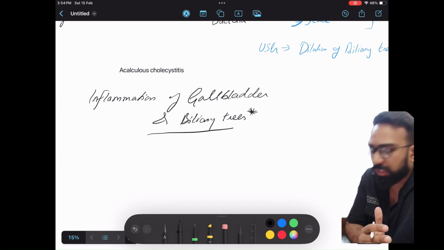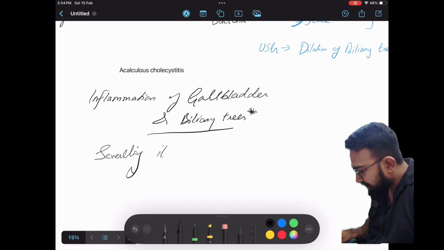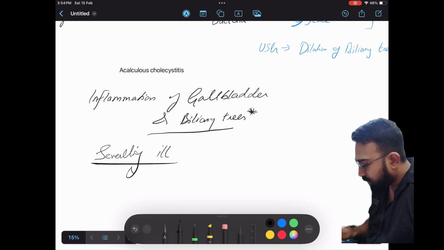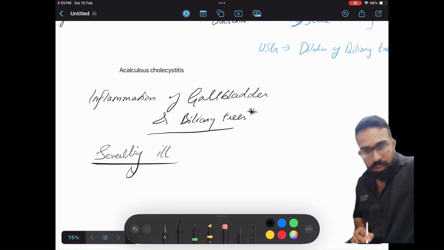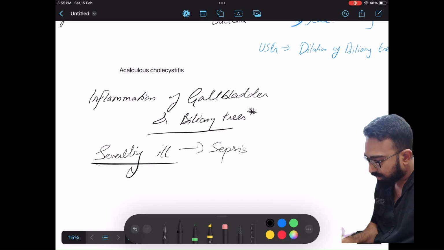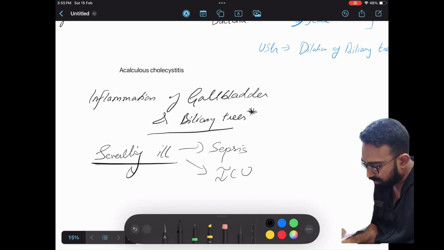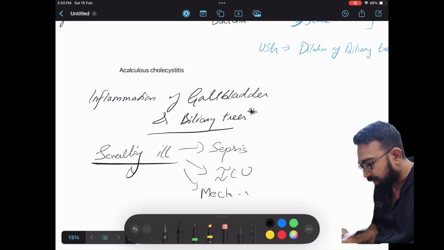This is seen in severely ill patients. They can have sepsis, or it could be anything that is putting them in the ICU, on mechanical ventilation.